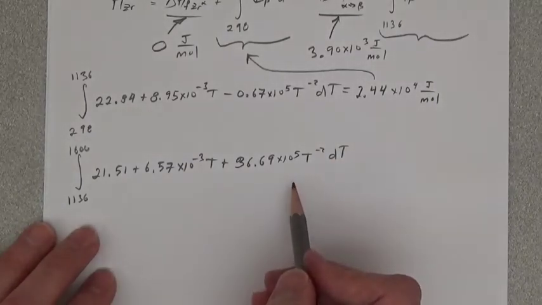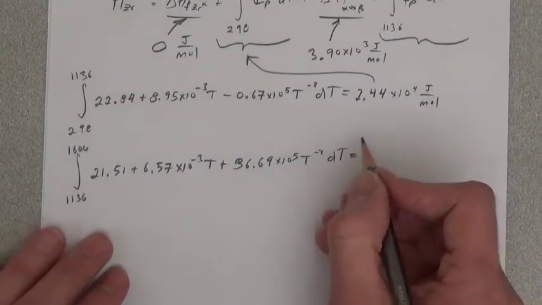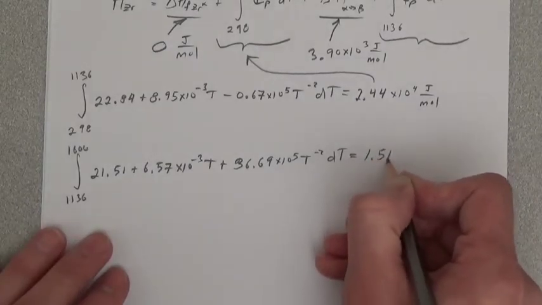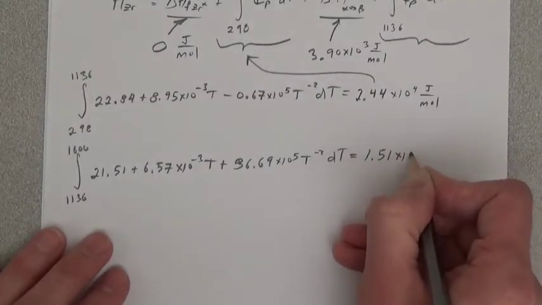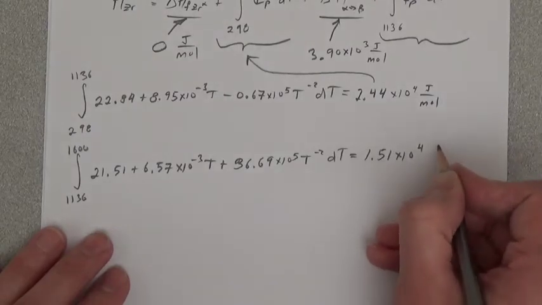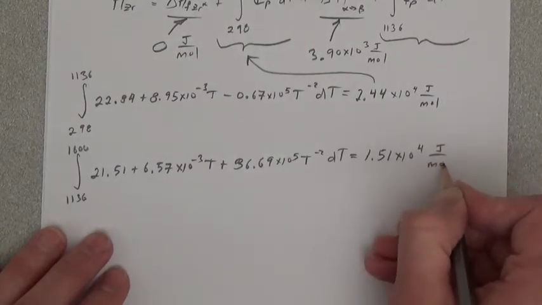And integrating this, we get 1.51 times 10 to the 4 joule per mole.